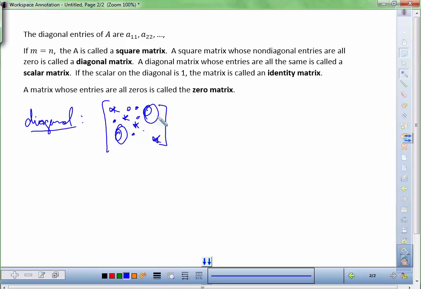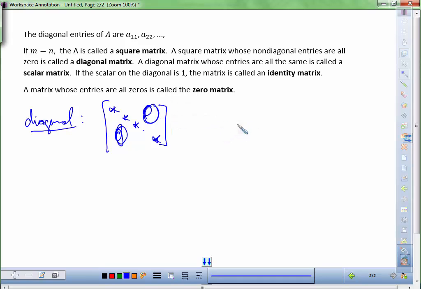And usually people just put zeros on these things, assuming that this is not just one zero, but zeros in all the other slots that are not in the diagonal. So this is a diagonal matrix. A diagonal matrix whose entries are all the same is called a scalar matrix.